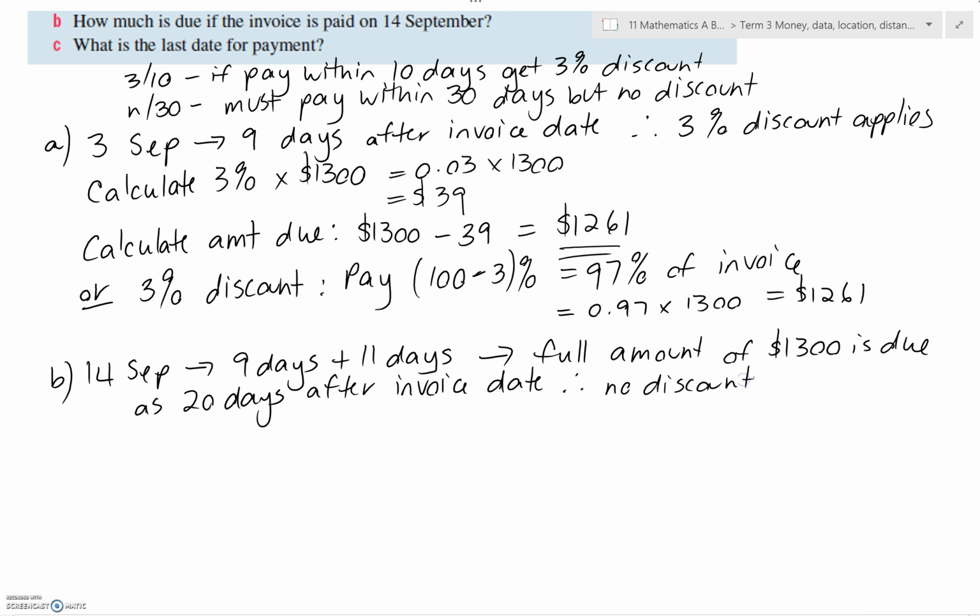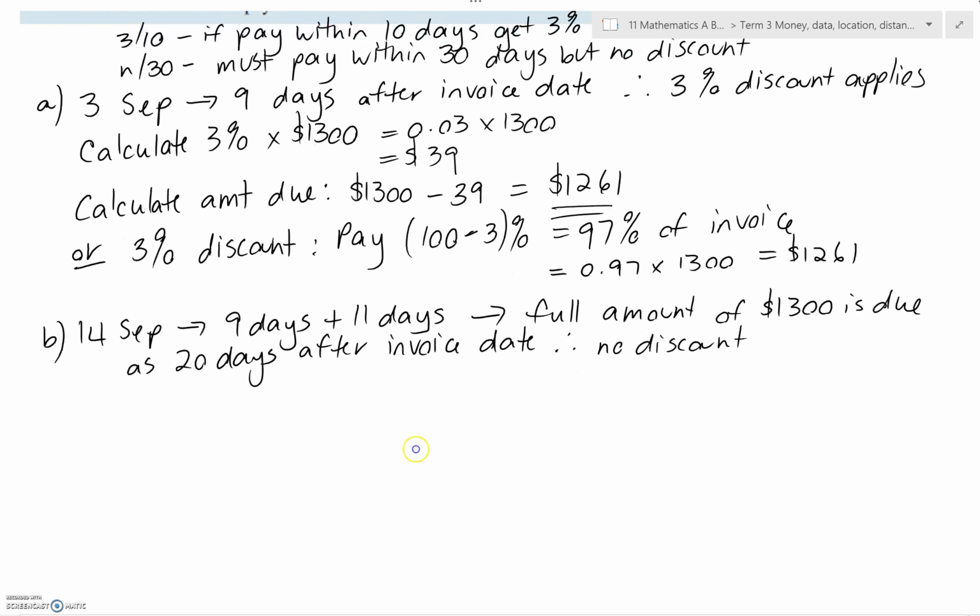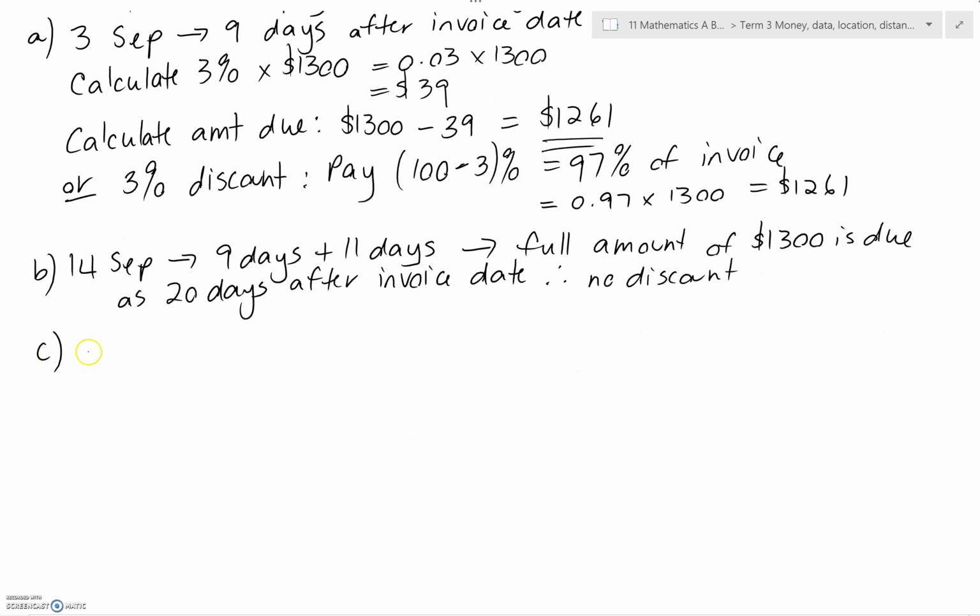Okay. Now, C, what is the last date for payment? So the last date for payment is 30 days after the 25th of August, equals last payment date.